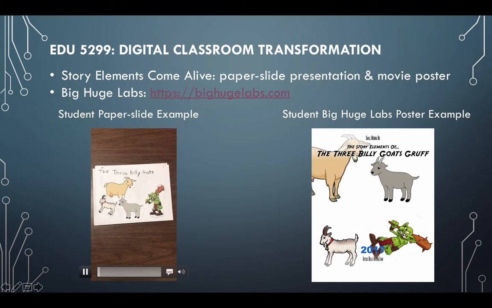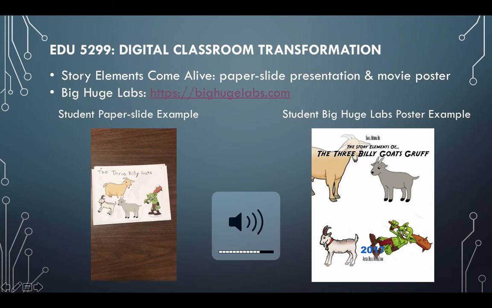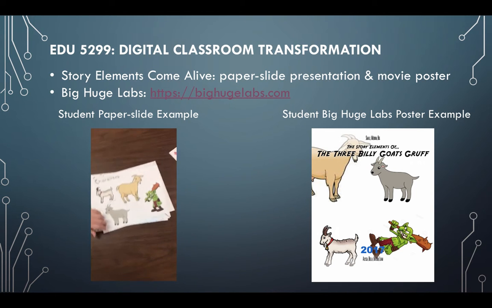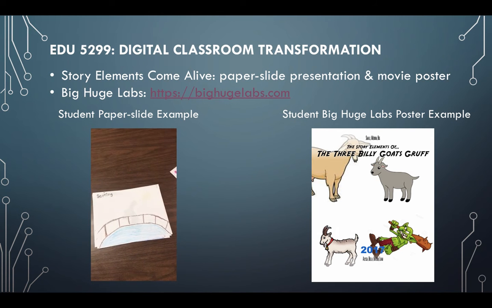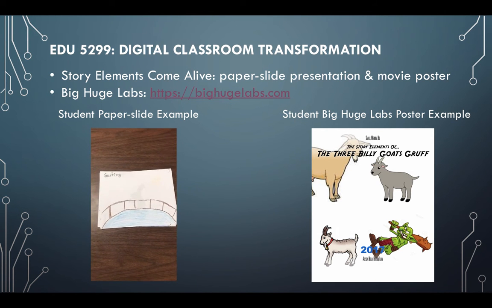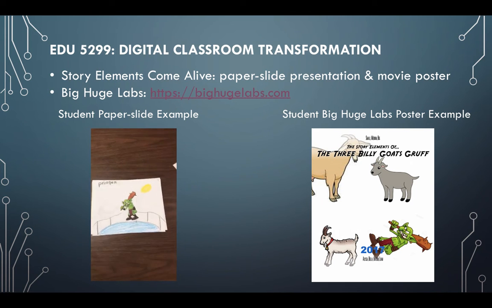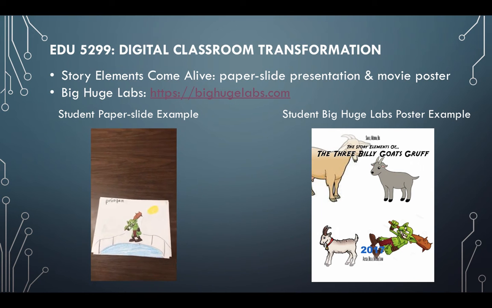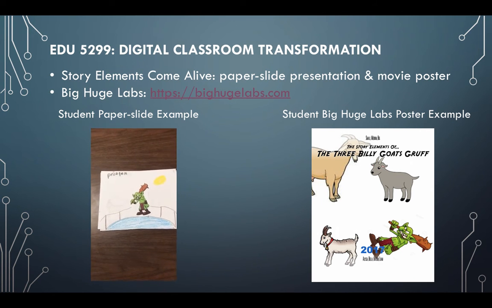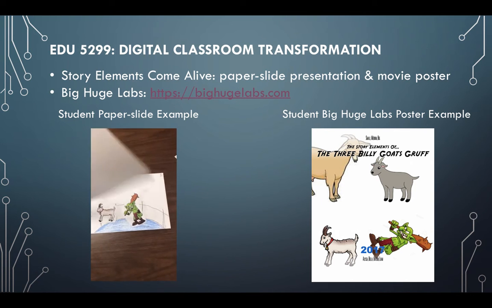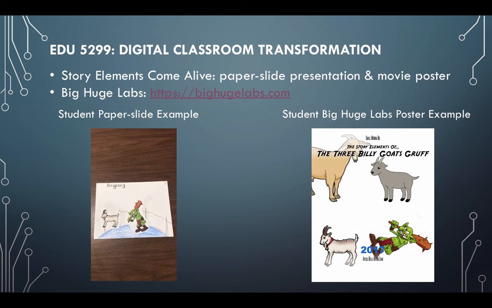I am going to tell you about the story elements of the 3 Billy Goats Gruff. The characters in the story are Small, Middle, Big, and Troll. The setting of the story is on a bridge in the country. The problem in the story is the goats are hungry. The troll will not let the goats cross the bridge to get grass to eat. In the beginning, Small tries to cross the bridge.